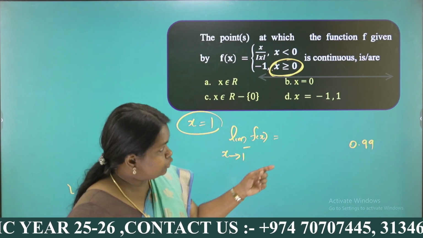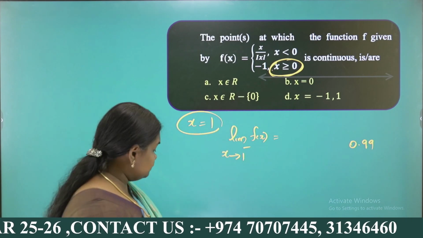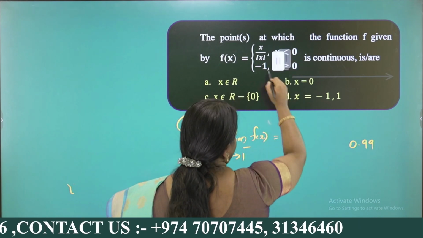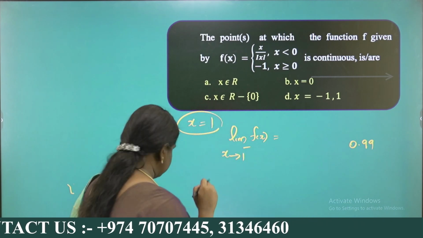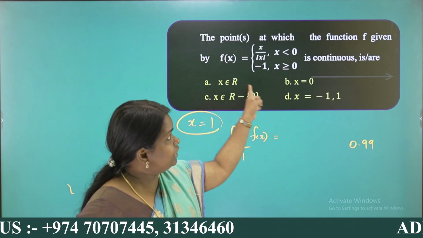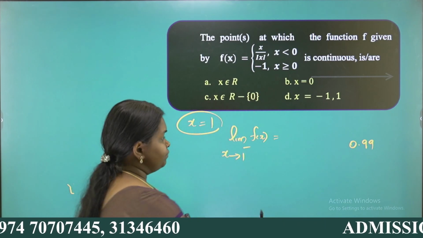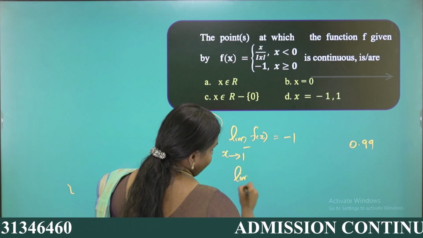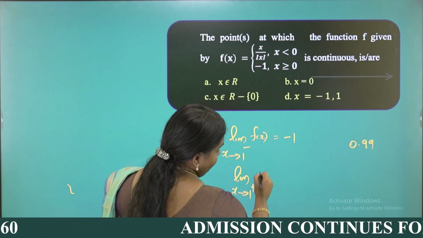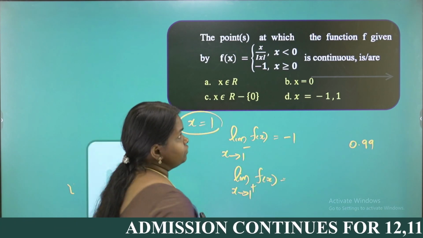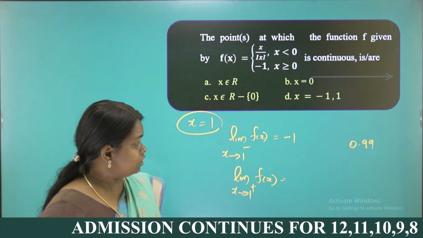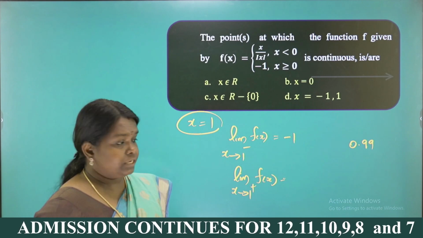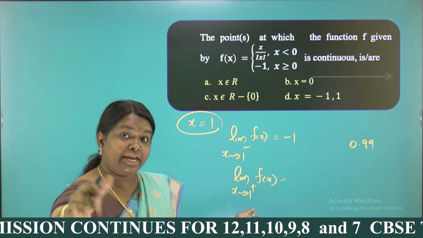You can see this interval where this value is coming, 0.99, is greater than or equal to 0, right? So LHL is minus 1, and I'll be checking what is happening to my RHL, 1 plus f of x. Of course, same thing, because for RHL there is no doubt, it is greater than 0.